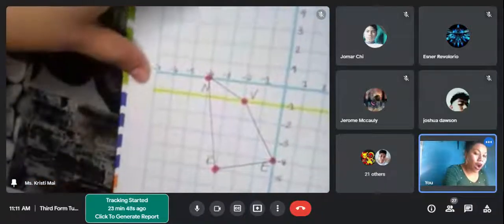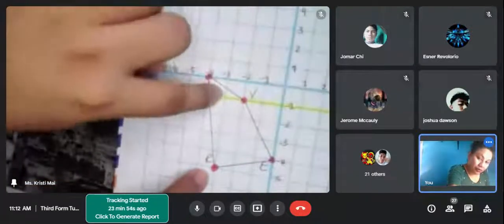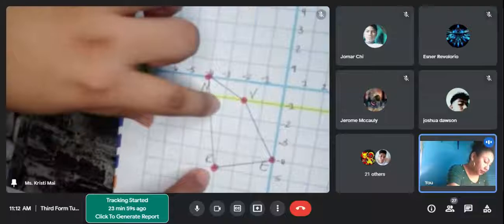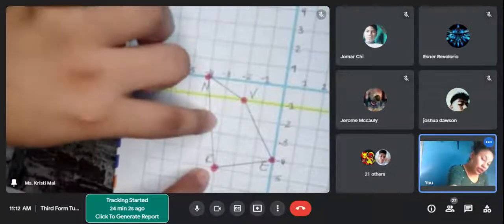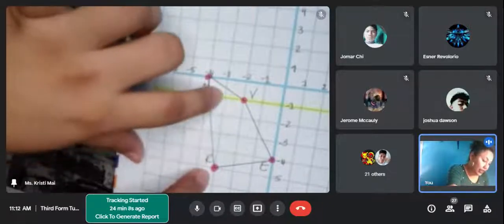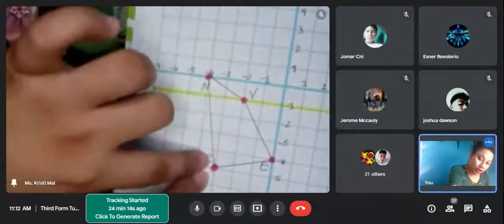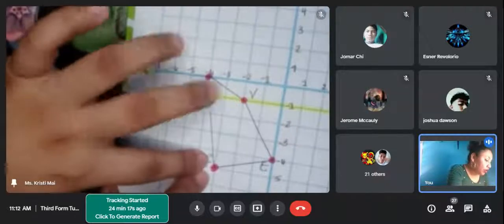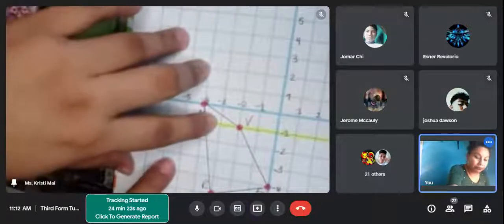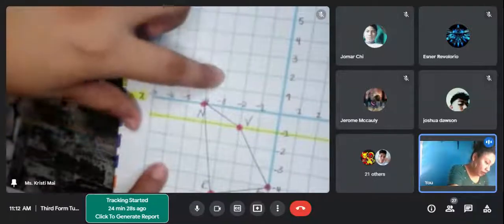So I am going to start with R, right? If I have this line right here being my imaginary line, I'm going to count the spaces. 1, 2, 3, 4. There are 4 spaces between the line y equals negative 1 and point R. So I am going to go on the other side and count 4 spaces up. 1, 2, 3, 4.